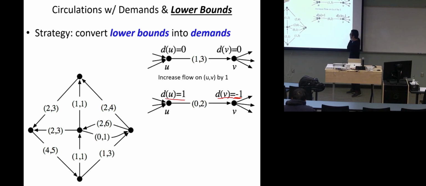If I can satisfy this demand, where this is now 0, I will be able to satisfy this lower bound, because this node has one unit of flow on it and this node will have -1 unit of flow on it. So I can now send the flow along this edge so that it satisfies the edge above here.